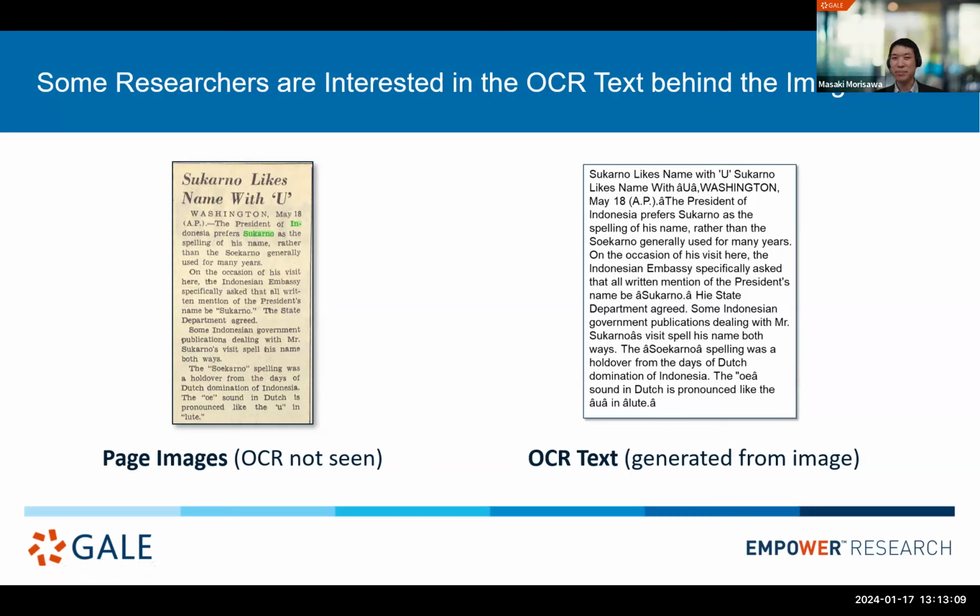And what some scholars are interested in doing is, instead of looking at these page images one by one, they want to directly play around with this OCR text data. And they're not looking at just one single article.